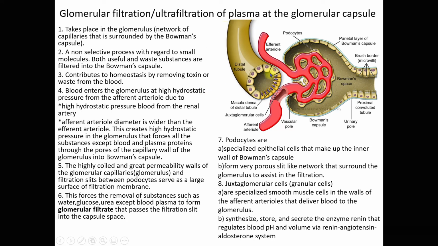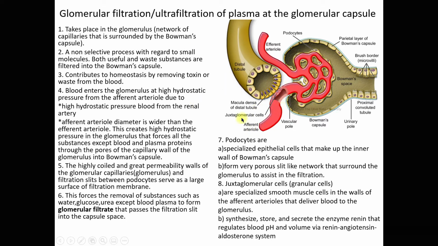Now another cell is these juxtaglomerular cells. Can you see? It's here. These juxtaglomerular cells are also known as granular cells. These are specialized smooth muscle cells in the walls of the afferent arterioles that deliver blood to the glomerulus. Remember afferent arterioles?